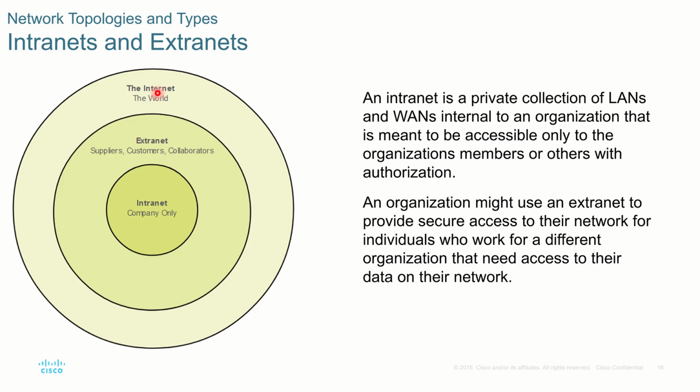If you look at the onion layers, you can see that the outer layer is the internet or the world, and then we have the extranet, which is for suppliers, customers, and collaborators, and also the intranet, where access to the resources is meant for the company only. So an intranet is a private collection of LANs and WANs internal to an organization that is meant to be accessible only to the organization's members or others with authorization.